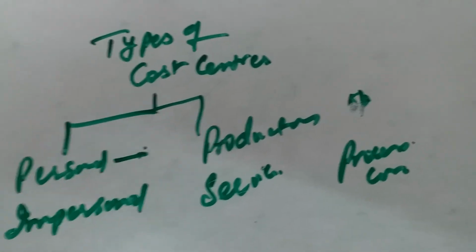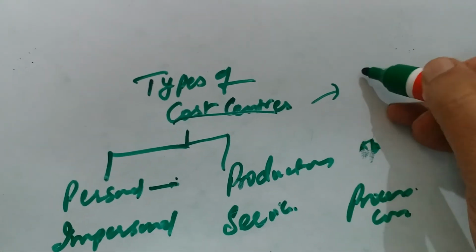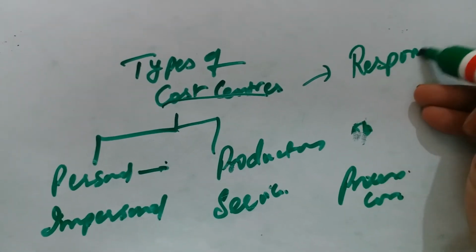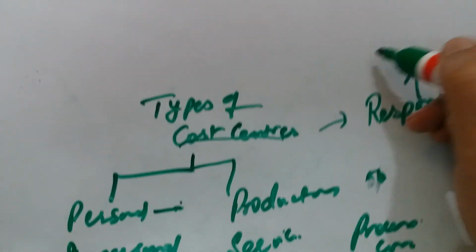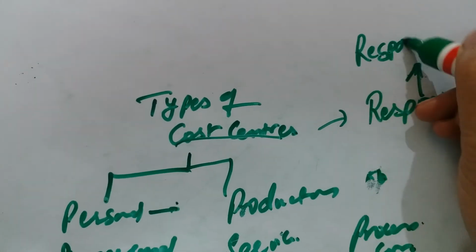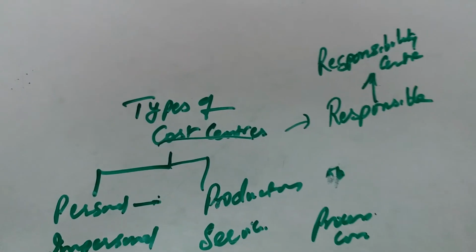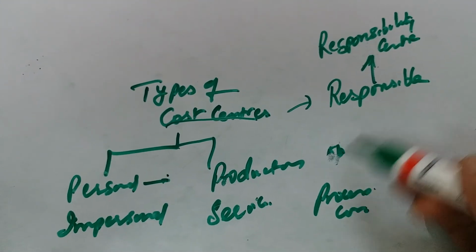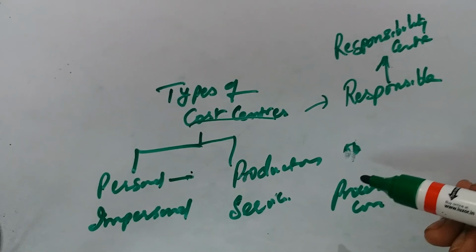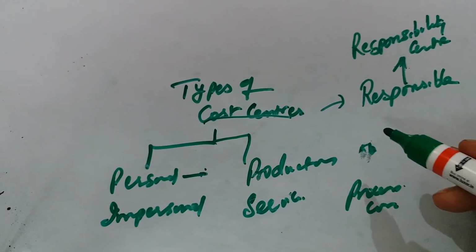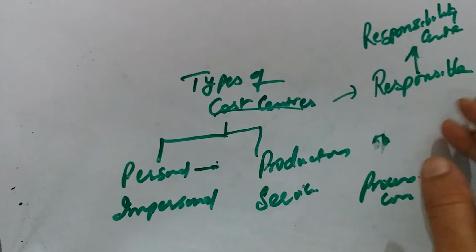The importance is that wherever a cost center is created, we are going to put someone responsible for the cost of that cost center. That is automatically creating a responsibility center. So and so person is going to be responsible for the cost being incurred in that cost center. And it is very essential in order to increase the operational efficiency of a concern.